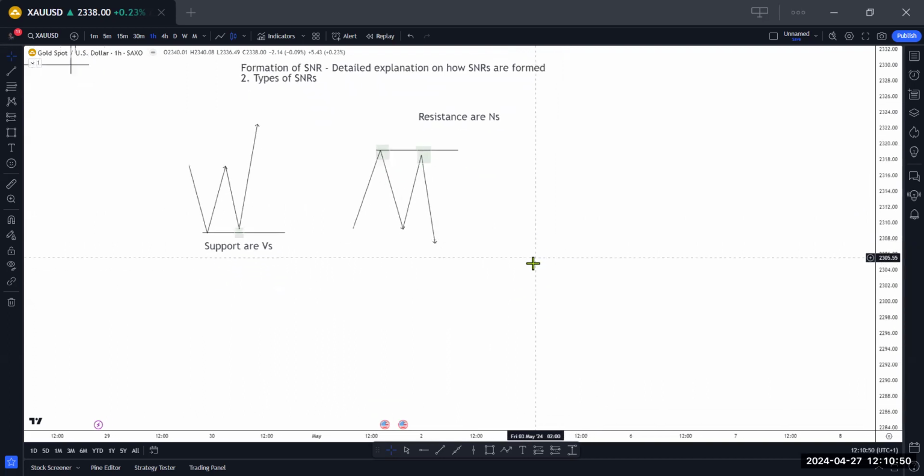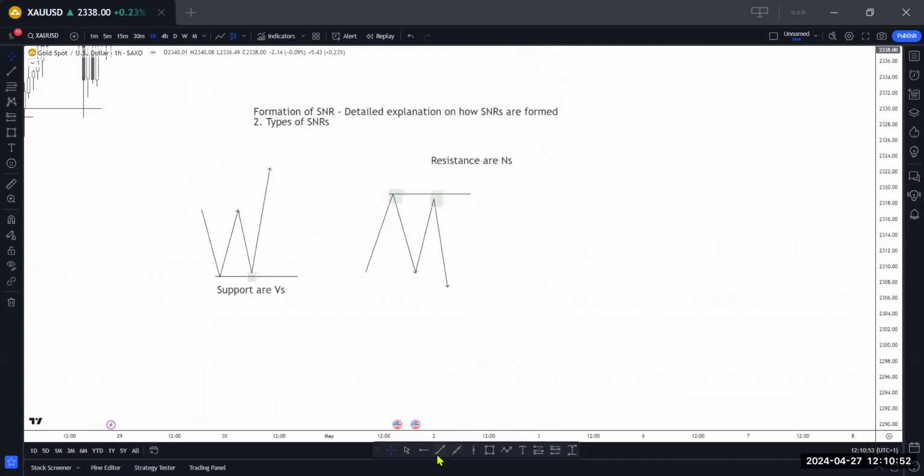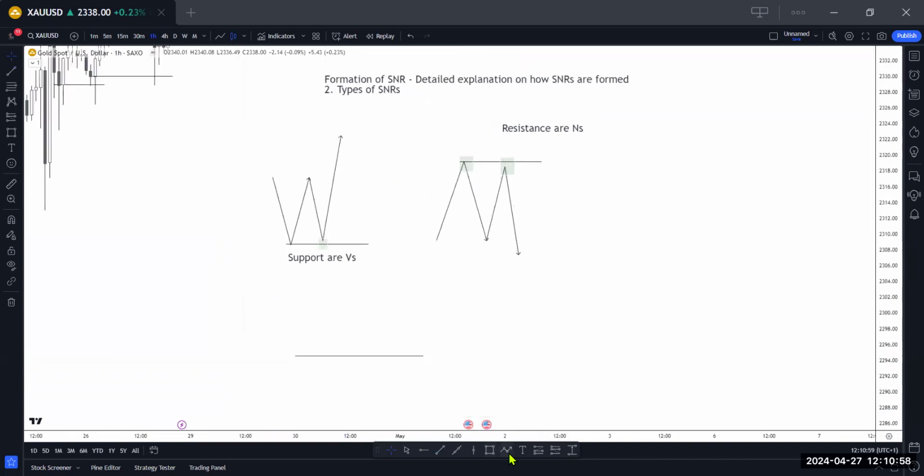And when we try to move forward a little bit from here, we will see that there are times in the market that price decides to break support. So for example, when you have a V, something like this, rather than price rejecting from here to buy, price will break this level and then continue lower.